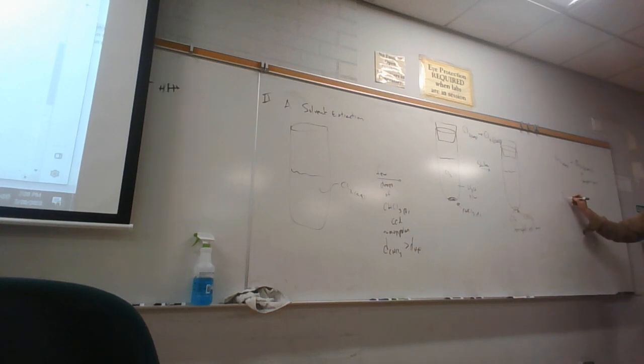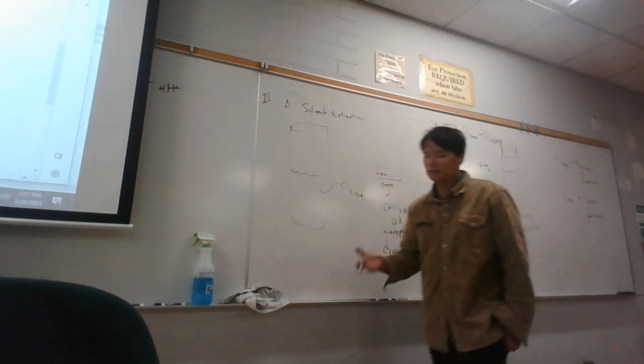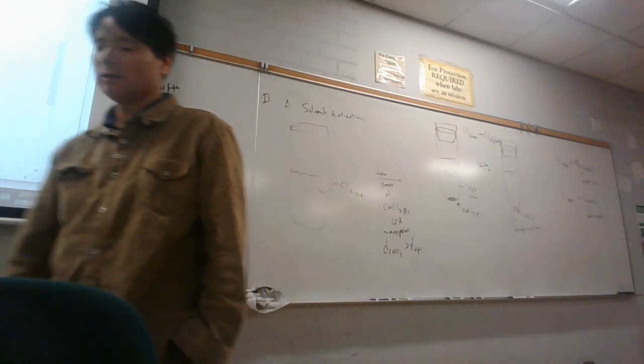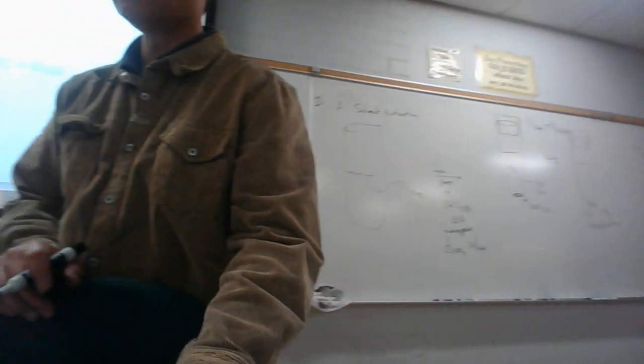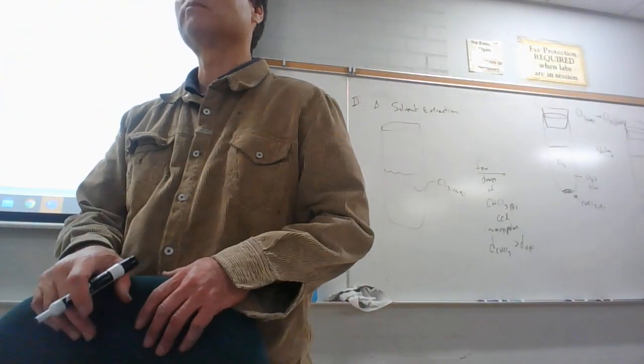In iodine, we're going to extract that too in another test tube to make iodine in chloroform. This should be a dark purple. So our controls are just, all we want to do is look at what those halogens look like in chloroform.